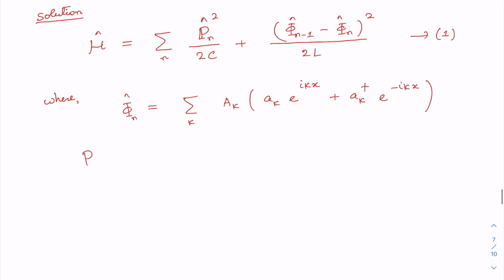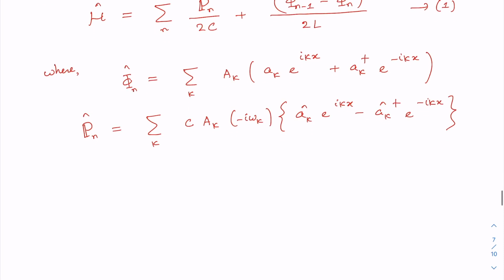And the momentum p_n is equal to the sum over k of C times minus i omega_k, where omega_k is the angular frequency of the kth mode, times (a_k e to the power ikx minus a_k dagger e to the power minus ikx).